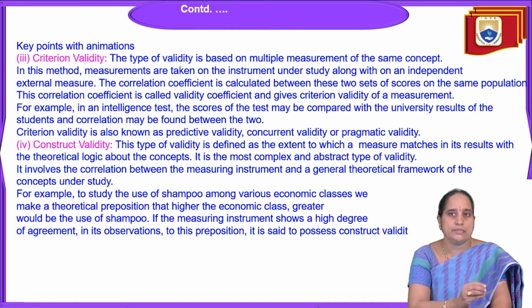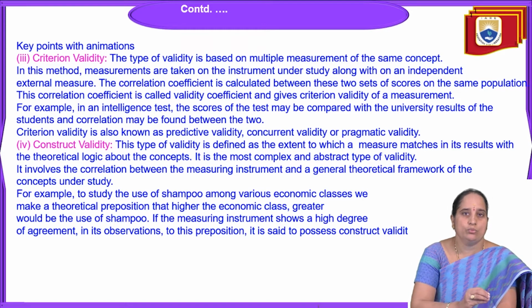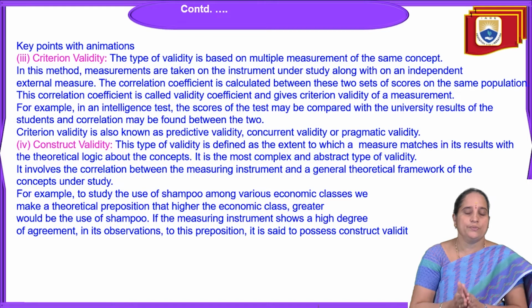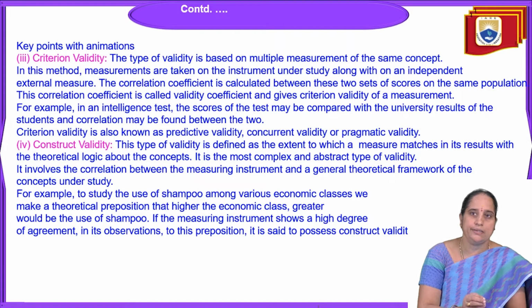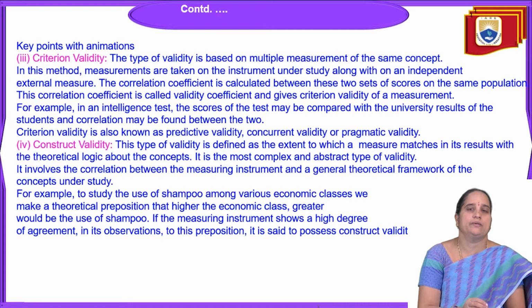The correlation coefficient is calculated between these two sets of scores on the same population, whatever the method may be, but we should get the same solution. This correlation coefficient is called the validity coefficient, which gives the criterion validity of the measurement. Similarly, if you consider an intelligence test, the scores of the test may be compared with the university results of the student, and the correlation may be found between the two.